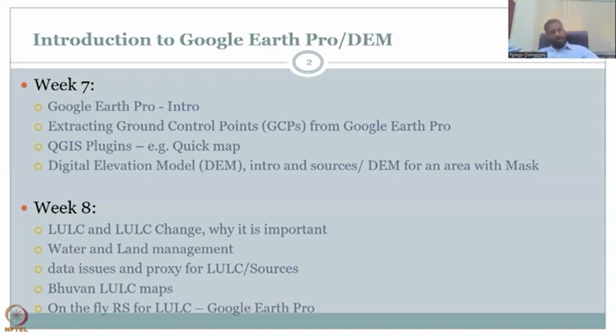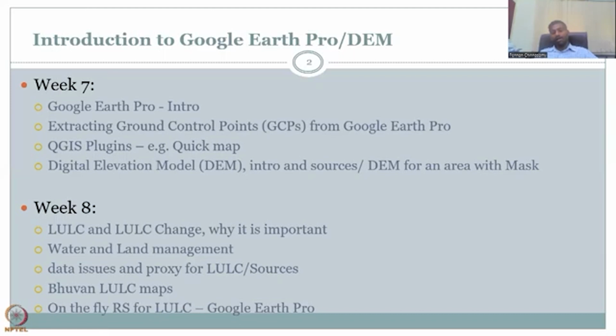So once we clarify how LULC is very, very important, then we dig into data issues and proxy data that can help LULC. First we'll discuss data issues, why and how there is very little data about land use and land cover.